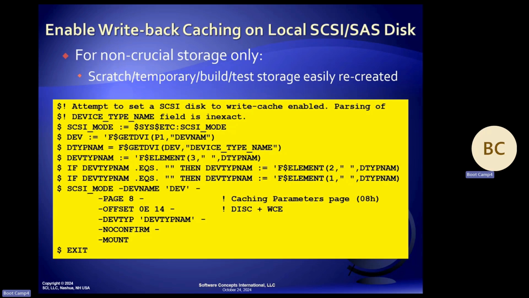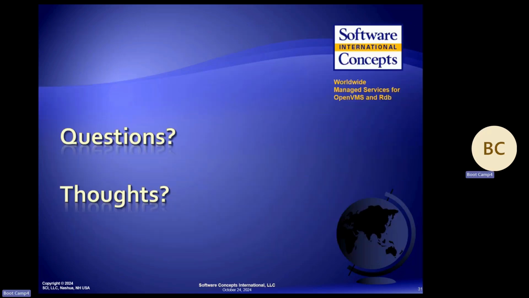You're setting the particular caching parameter's value there. And that will allow you to turn on write back caching for that storage device and get a little bit of performance for that particular SCSI device, if that's data that you can risk in terms of a power failure. And that's the material that I had for you today, which we went through in plenty of time.